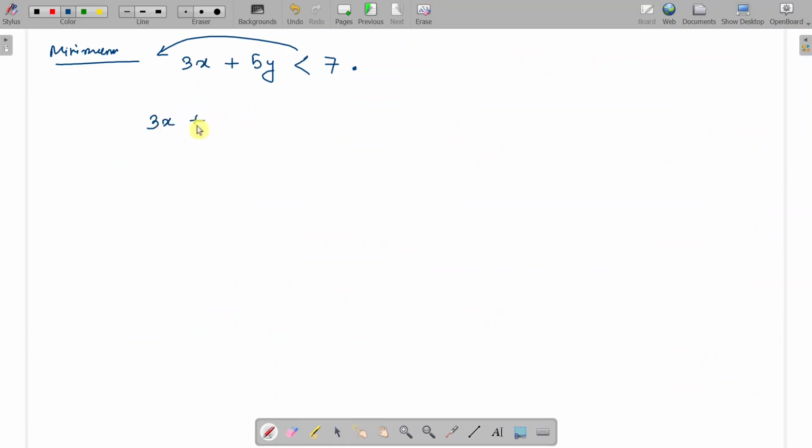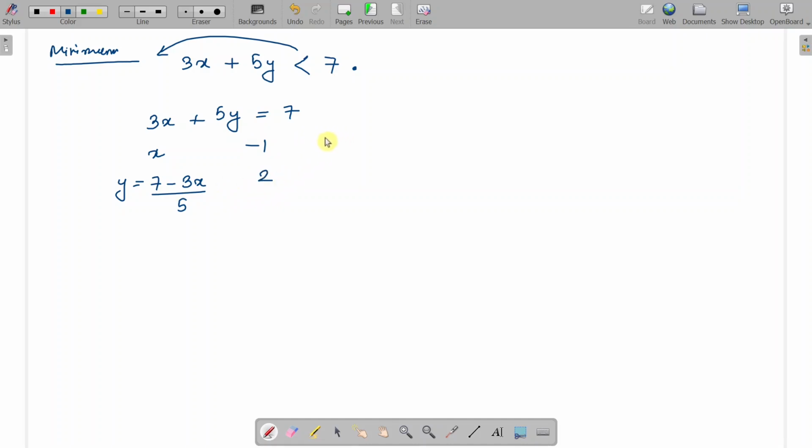So now let us take the line corresponding to this inequality. So 3x plus 5y equal to 7, right? So y is equal to 7 minus 3x divided by 5. So if we take x equal to minus 1, we get 7 plus 3, that is 10, divided by 5, which is 2.